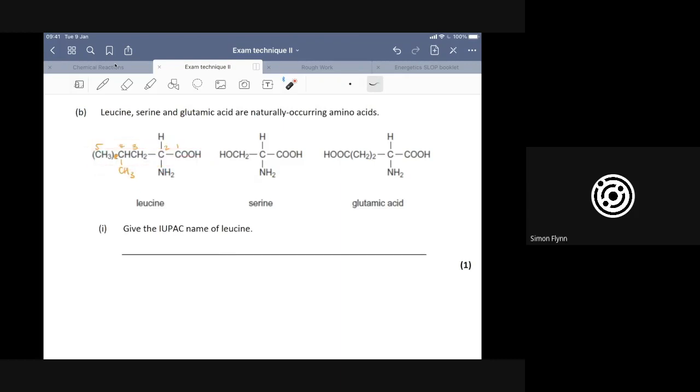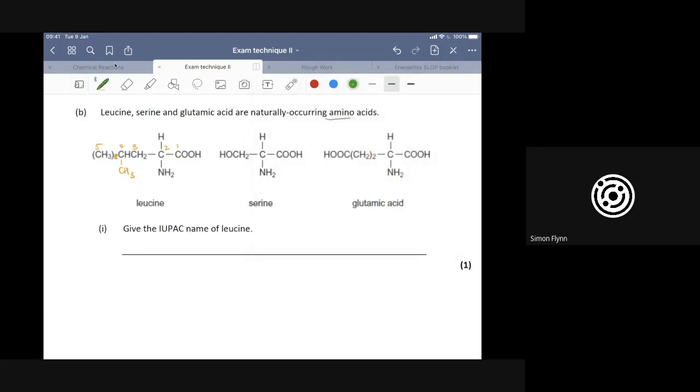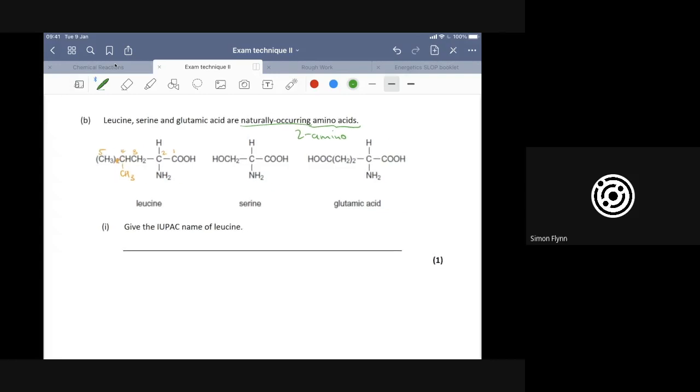The other thing is that you could try and just remember, whenever it's about naming things, naturally occurring amino acids are always 2 amino. Anyway, but it's about that numbering. How many times have I numbered stuff and you never do, and then sometimes you make mistakes. So just taking some of the load off my brain, aren't I?